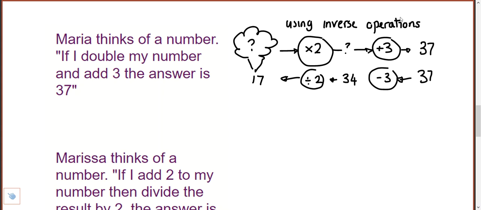Do you know what I mean by that? You're using it backwards instead. So the inverse of adding 3 is subtracting 3. The inverse of timesing by 2 is dividing by 2.